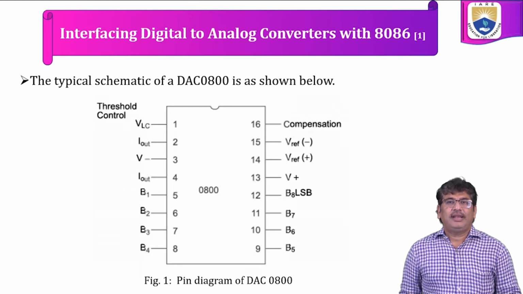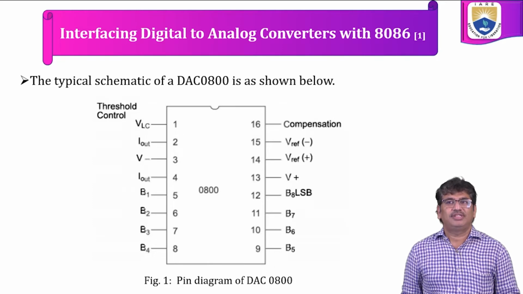The typical schematic of a DAC 0800 is shown in the figure. The signal it generates, which is in analog form, corresponds to the equivalent binary numbers provided on the bit lines bit 1, bit 2, bit 3, bit 4, bit 5, bit 6, bit 7.